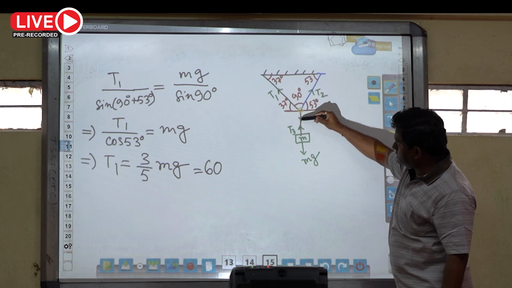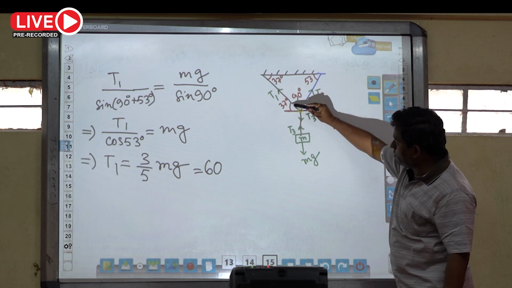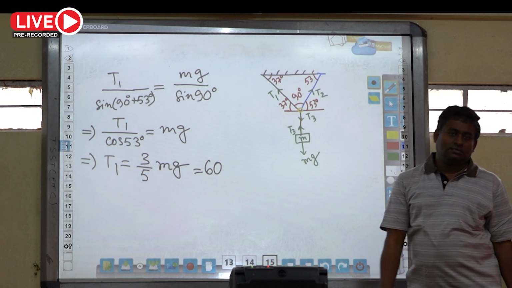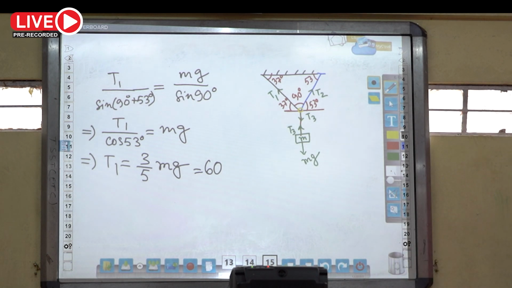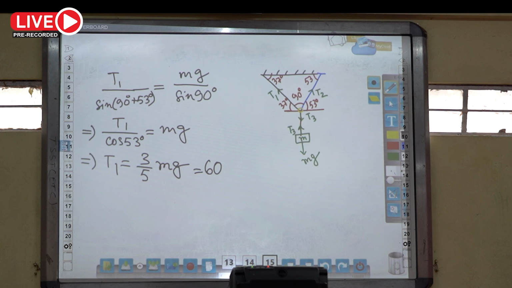T2 its opposite entire angle. T3 its opposite entire angle. Because this setup in equilibrium can be converted to a triangle when all sides are taken in the same order, meaning net force zero. So in that setup you can also apply Lami's theorem.